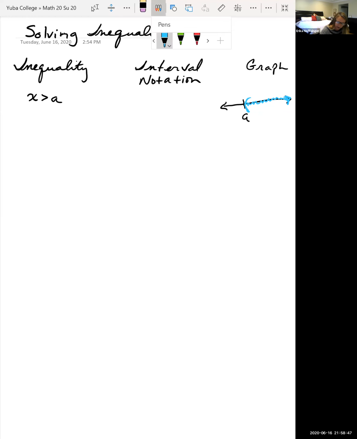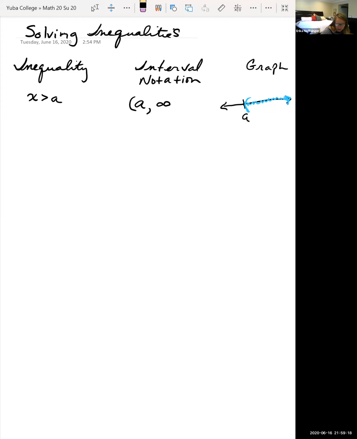Comma, coming from the left where you're starting, comma, and then where are you ending? Well, since this is going on forever and ever to the right of a, it's going to positive infinity. Since infinity continues to go on forever and it doesn't stop at a particular value, we use the parentheses there.